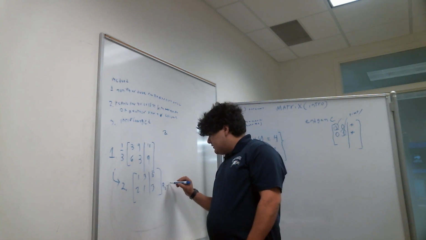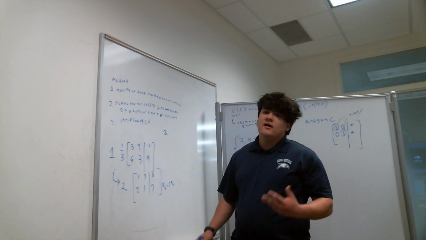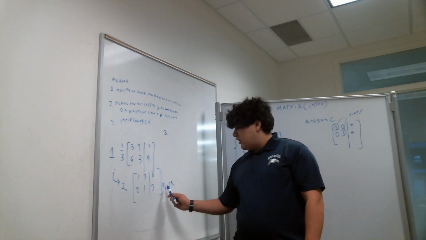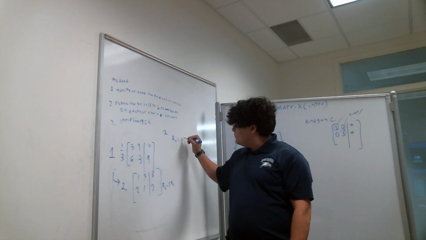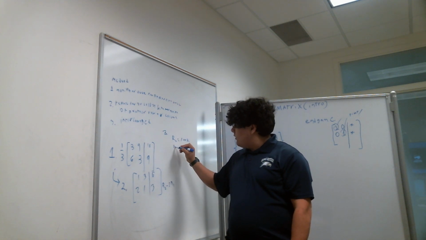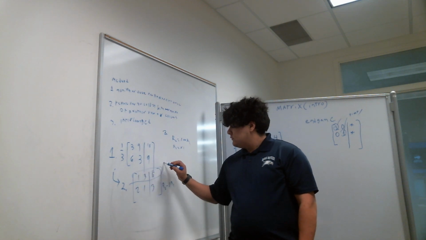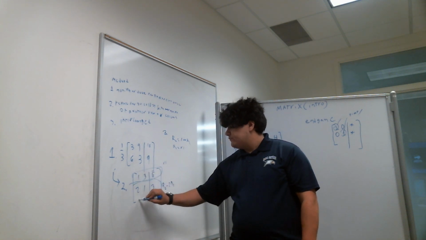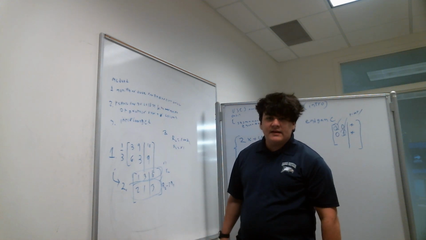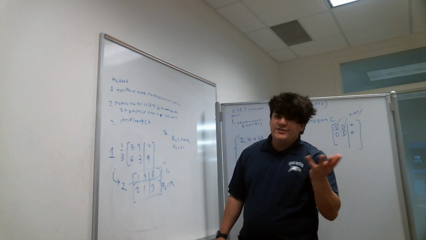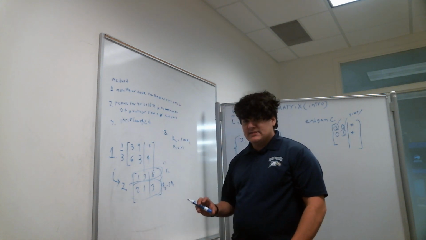R2 minus 2R1. And before you panic, R means row. R2 is short for row 2, and R1 is row 1. It looks intimidating at first, but if you do multiply them, you get it. Just practice with that.